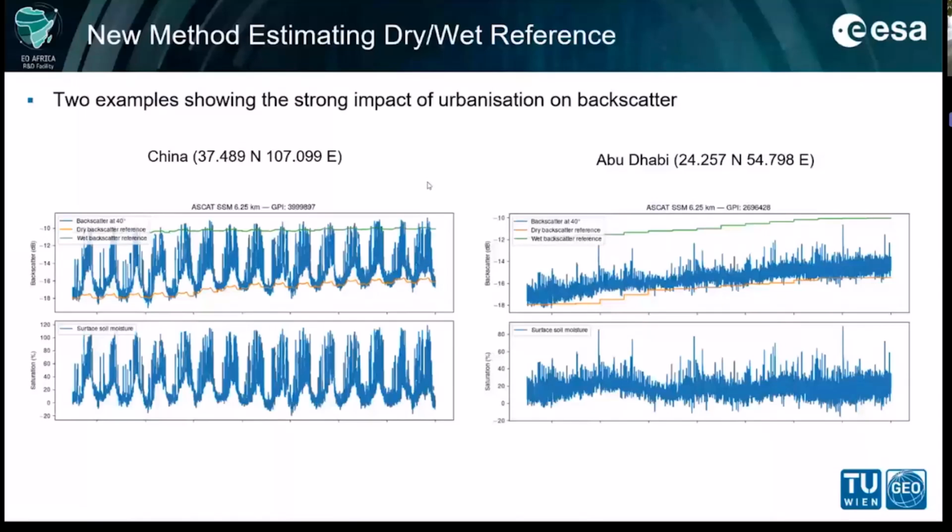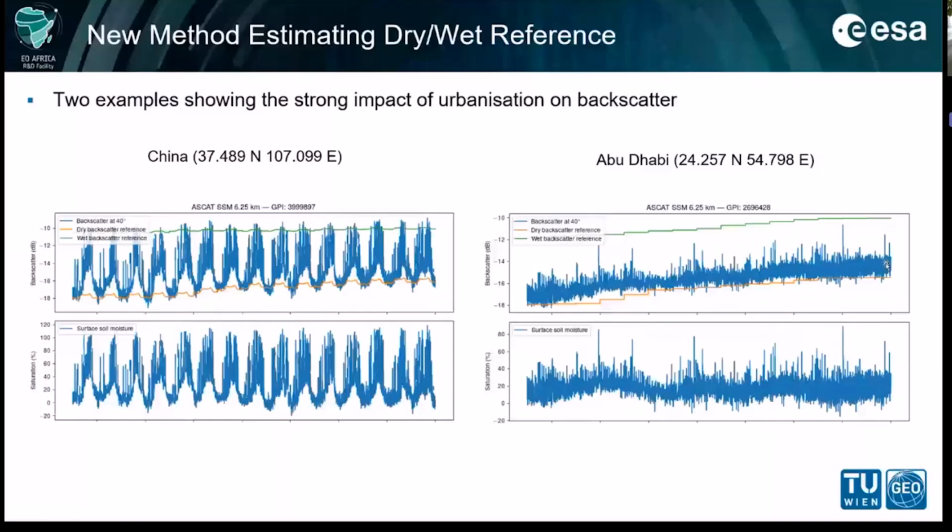For example, if you look at Dubai or Abu Dhabi, and at the backscatter time series over individual locations, we observed from 2007 up to 2020 a steady increase of backscatter that basically reflects the increasing built environment within the footprint of the satellite.